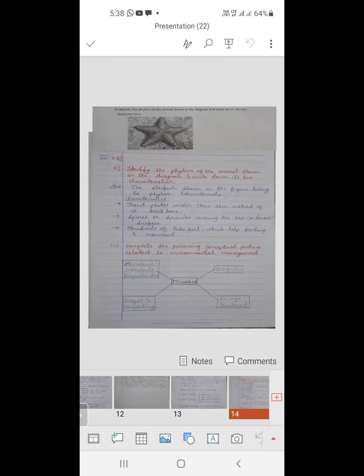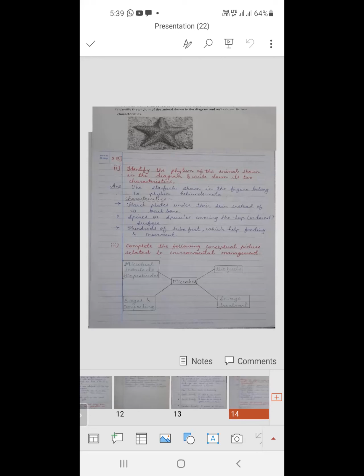So how will you write the answer? The starfish shown in the figure belongs to phylum Echinodermata. If you identify it, you have to write the name of the phylum to which it belongs. So this animal, starfish, belongs to phylum Echinodermata.